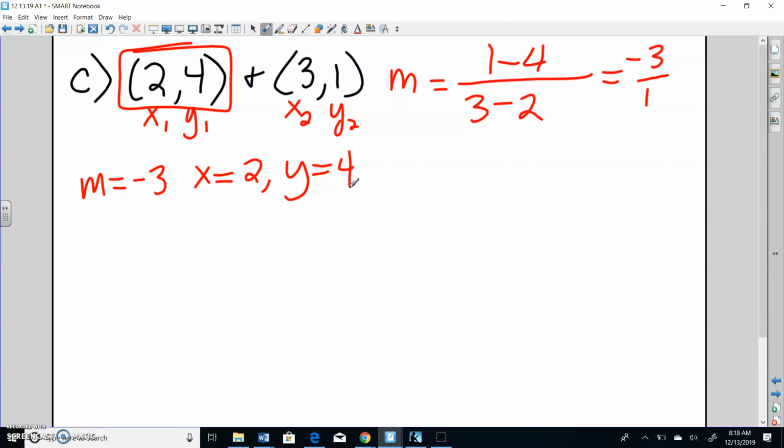And what are we going to plug that into? What's the equation we're using, Gemma, to plug into? y equals mx plus b. Okay, so Gabby, what am I writing?